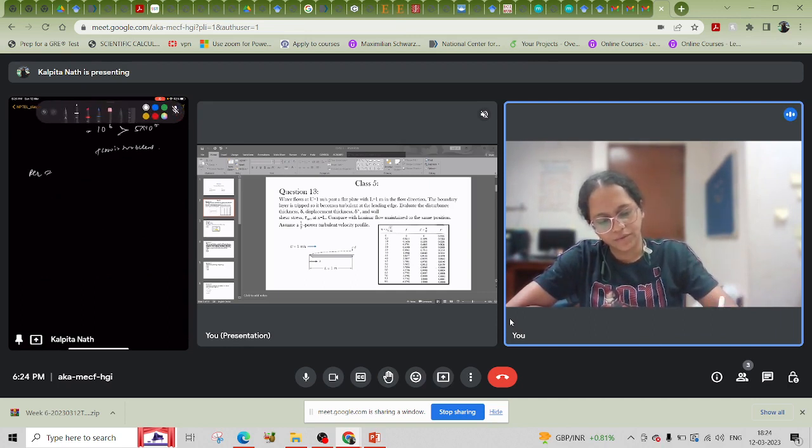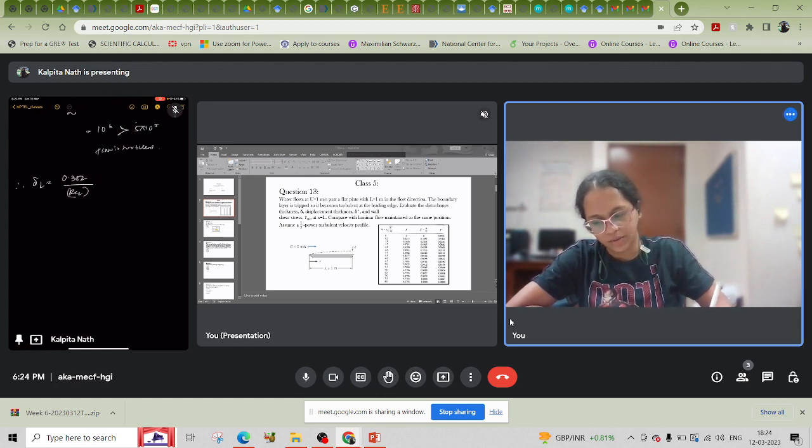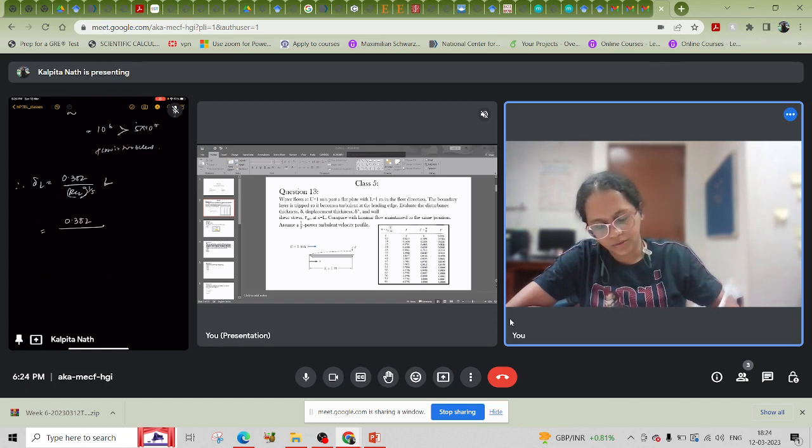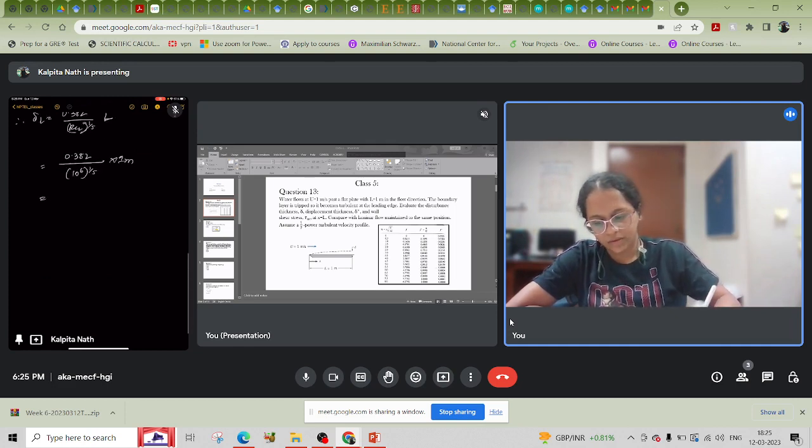Now we have to find delta L. Delta L is equal to 0.382 by Reynolds number to the power 1/5, into L, that is 0.382 by 10 to the power 6 to the power 1/5, into 1 meter, which is equal to 0.0241 meter.